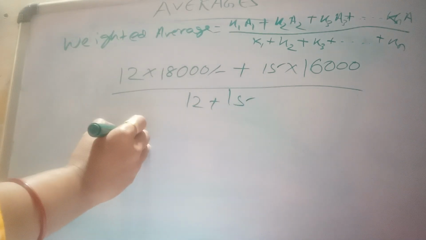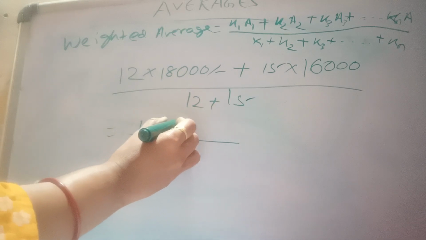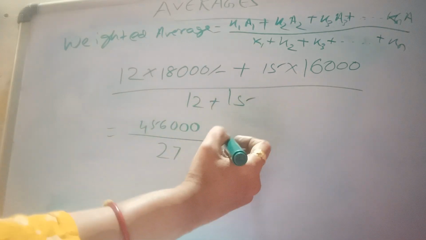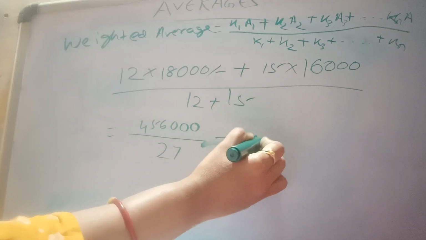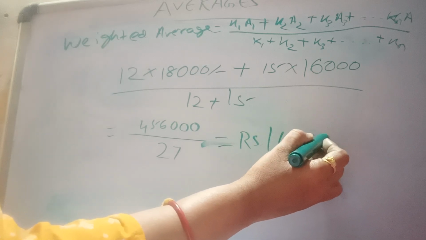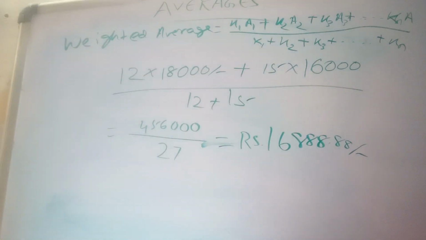So how much? 4,56,000 divided by 27 equals rupees 16,888. This is the answer. Got it? We'll see the next question.